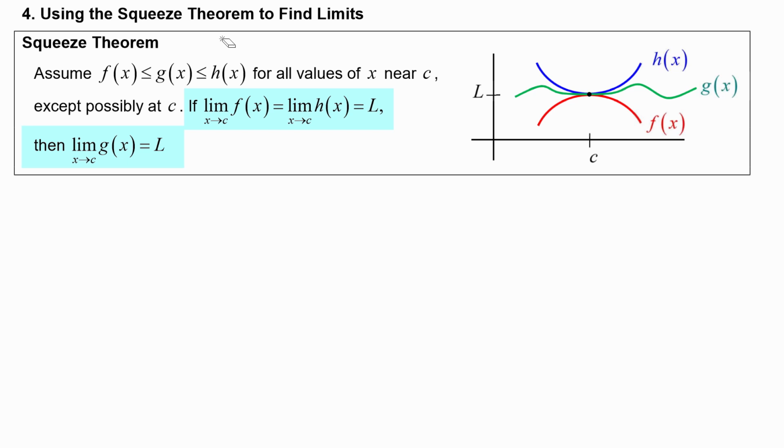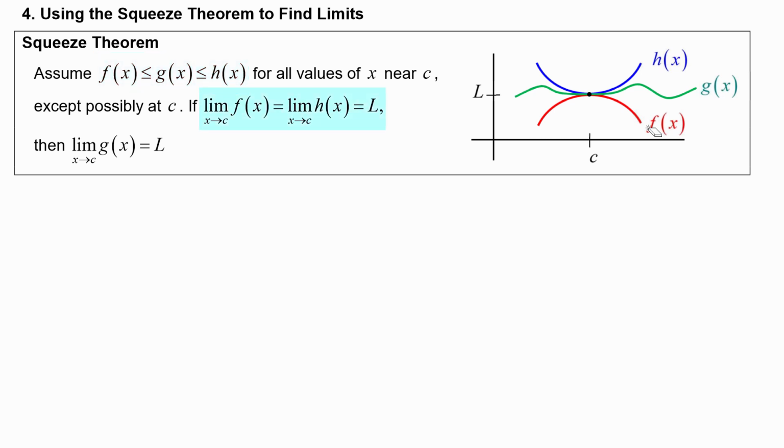Now let me help you understand what that means. g of x has to live between f of x and h of x, which is what this picture is saying. g of x is in between h of x on the upper side and f of x on the lower side.